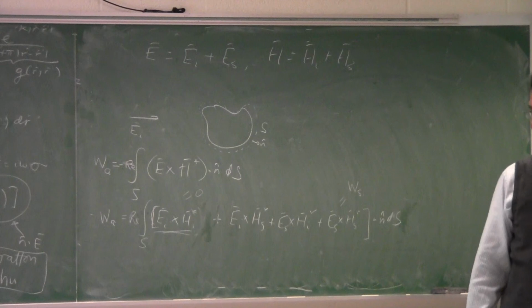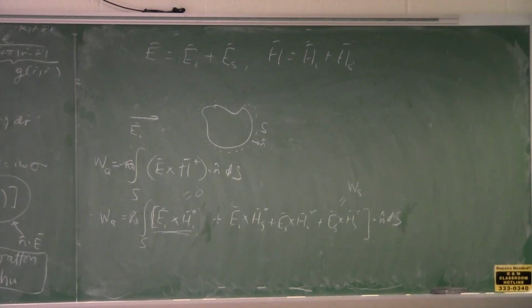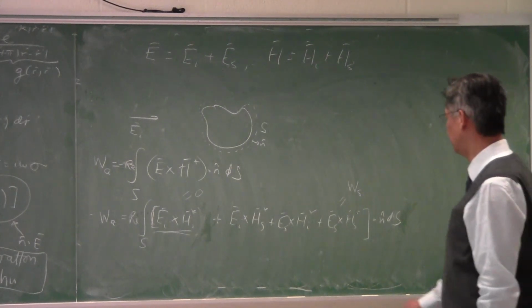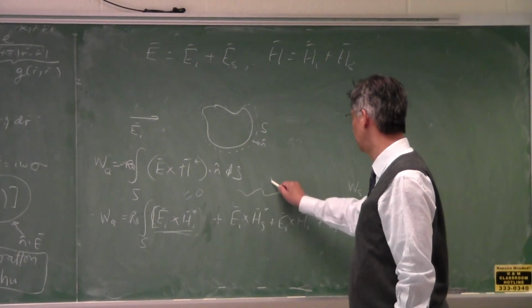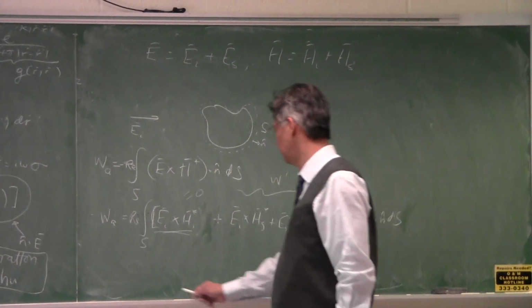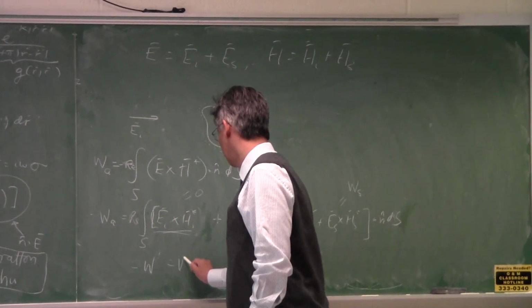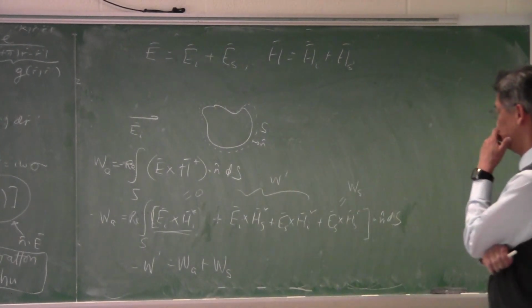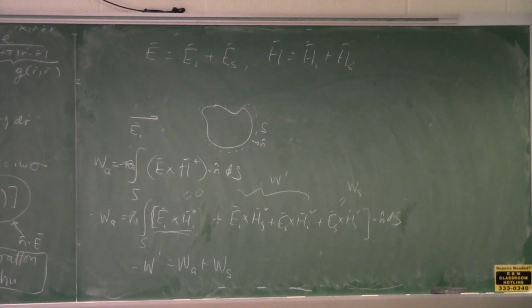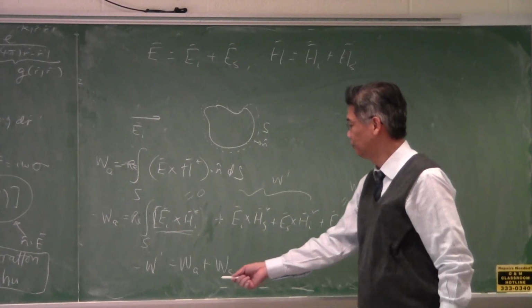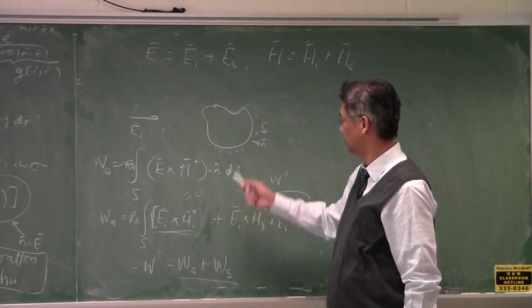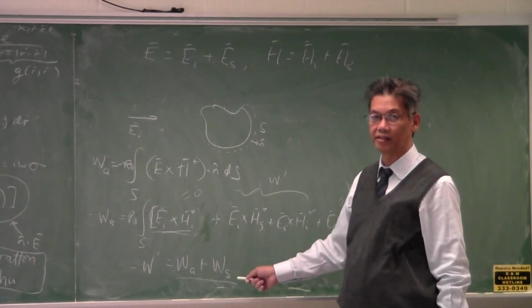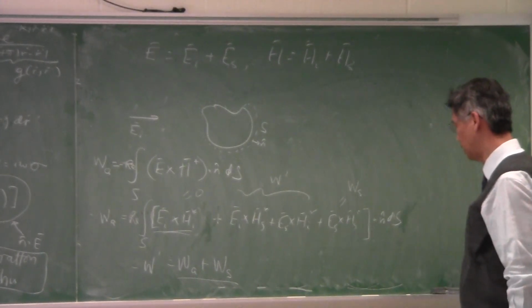And hence, if you call this part W prime, then it says that minus W prime is WA plus WS. So you just need to evaluate W prime. It will give you the energy absorbed by the scatterer as well as energy scattered off by the scatterer.